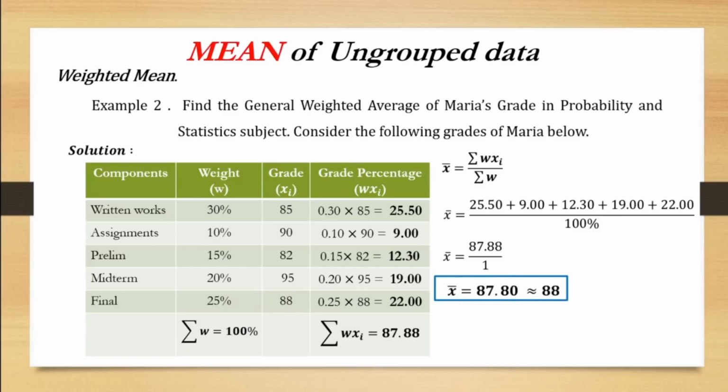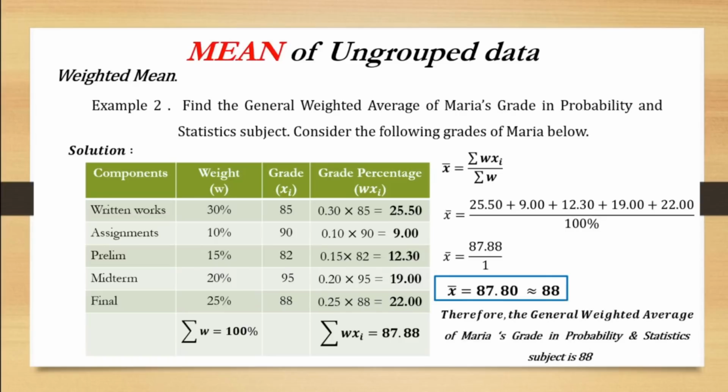Then the mean is 87.80 or approximately 88. Therefore, the general weighted average of Maria's grade in probability and statistics is 88. Then we are done with our illustrative example for mean of ungrouped data.